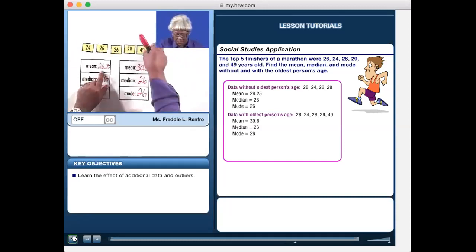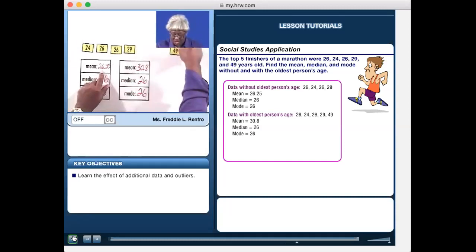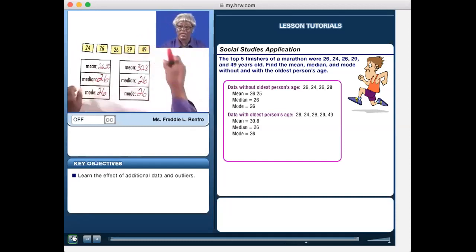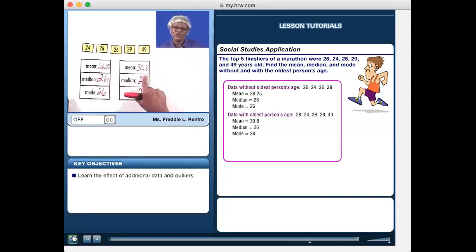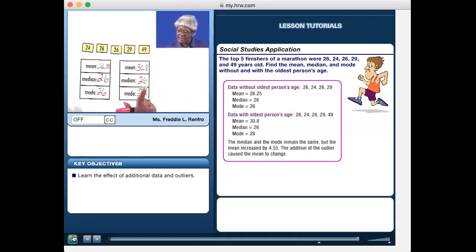When the oldest age was not part of our ages, the mean was 26.25. When we added the additional age, it increased to 30.8. The increase was 4.55.